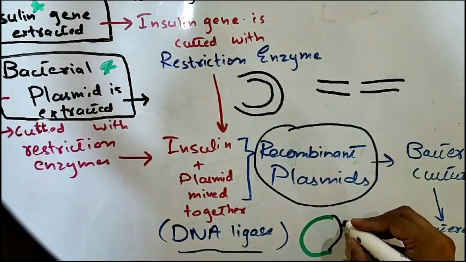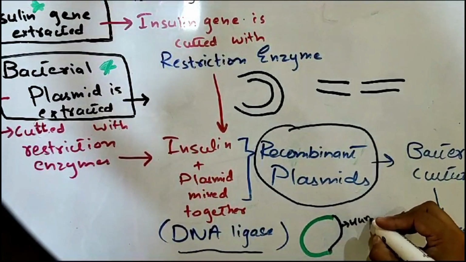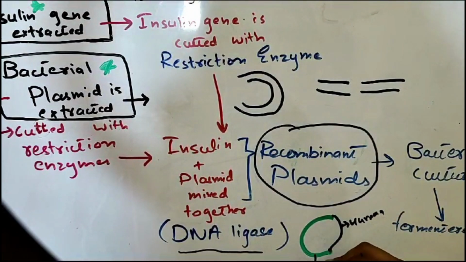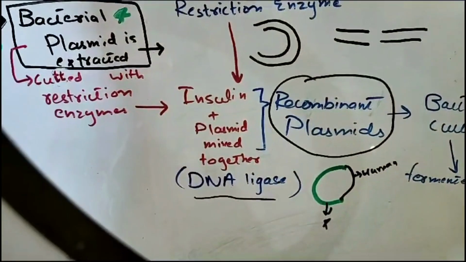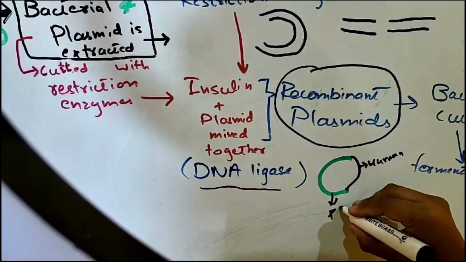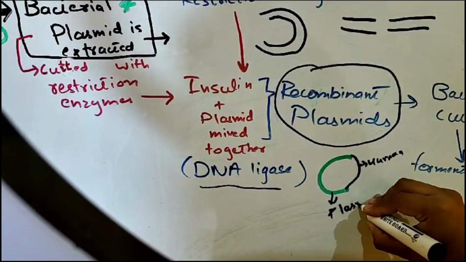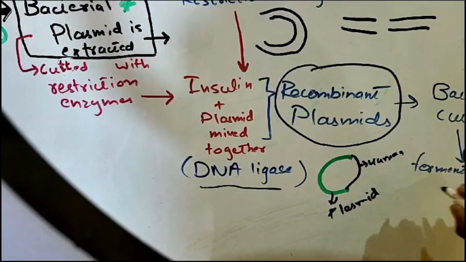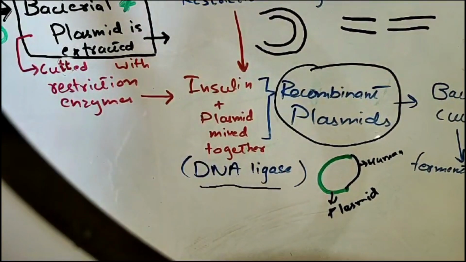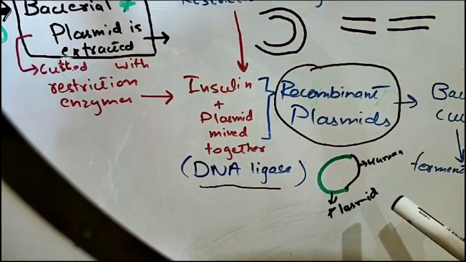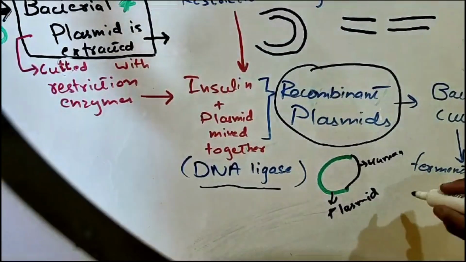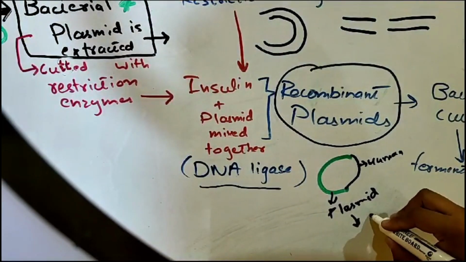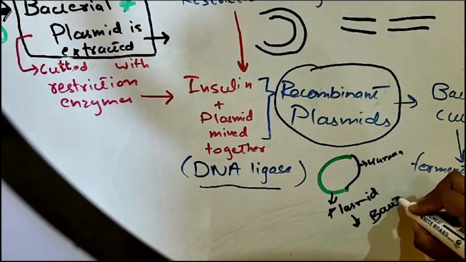This is a human gene, and this is the plasmid. The human gene and the plasmid both stick together because of the DNA ligase. And this plasmid is now transferred to a bacteria cell.